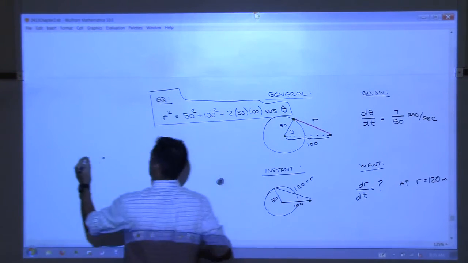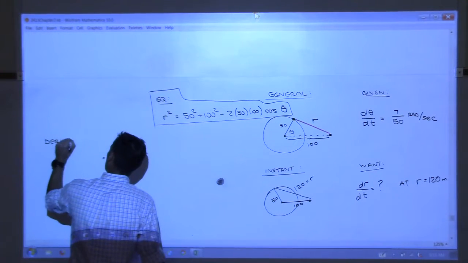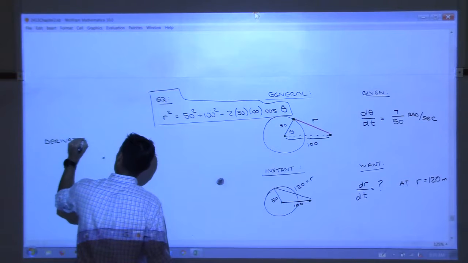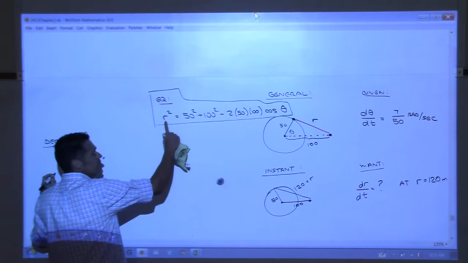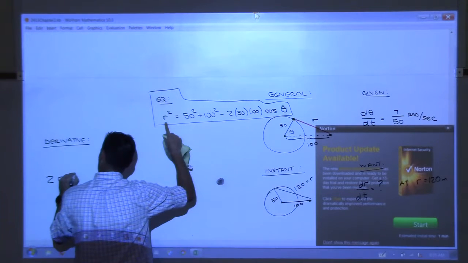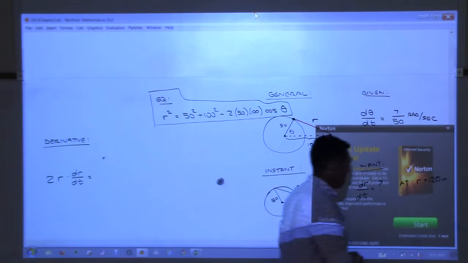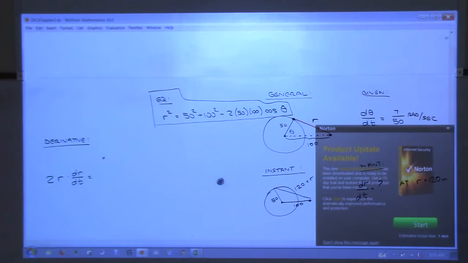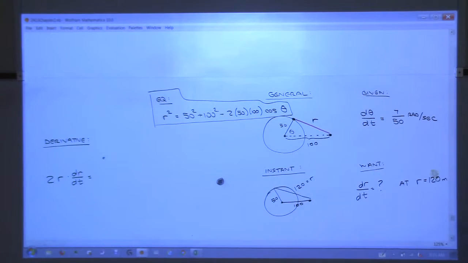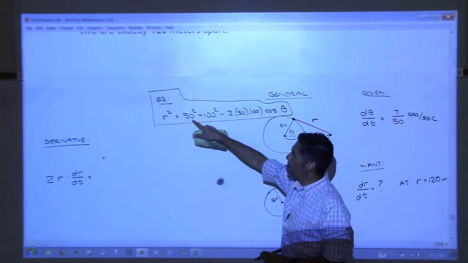Okay, so I'm going to write derivative even though I normally don't write that. All right, what's the derivative of r squared? 2r times dr dt equals the derivative of 50 squared, 0.